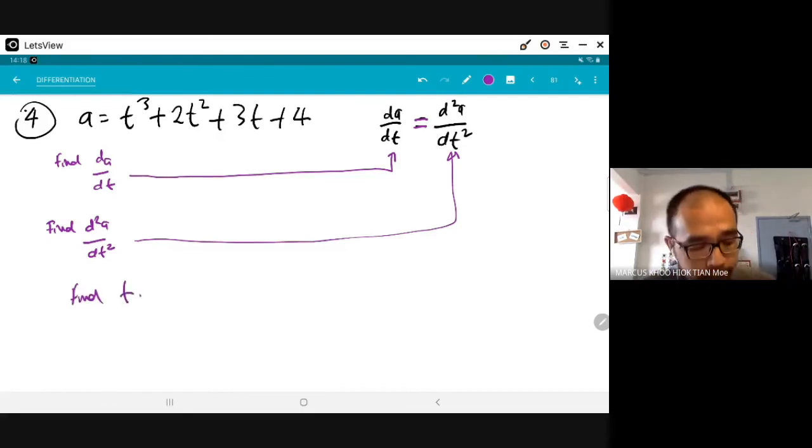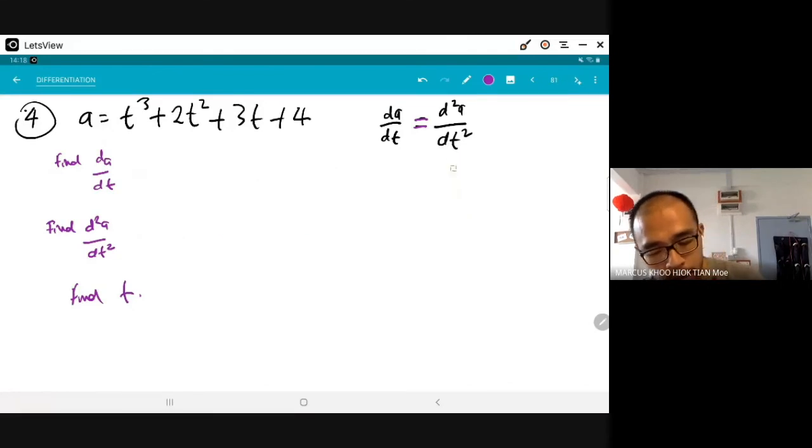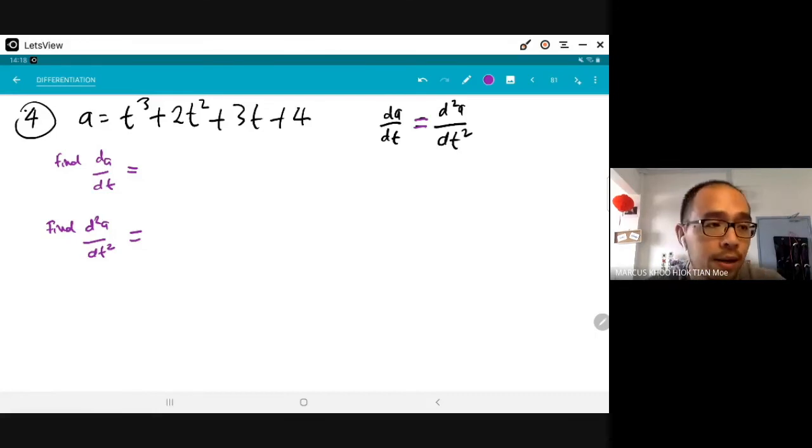Okay, so let's take it step by step. Everybody, find for me dA dt and d2a dt squared. This one is a simple differentiation lah. Tiada yang rumit macam tadi tu. So we can answer this now.